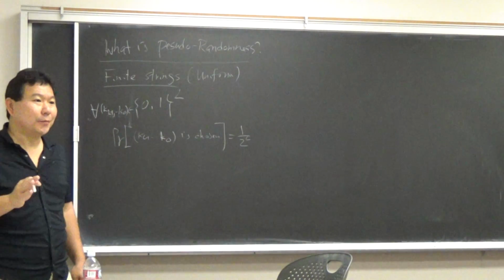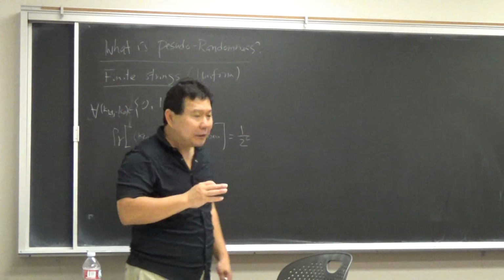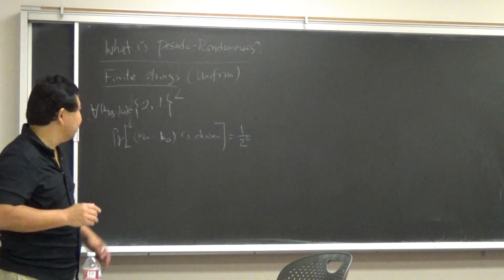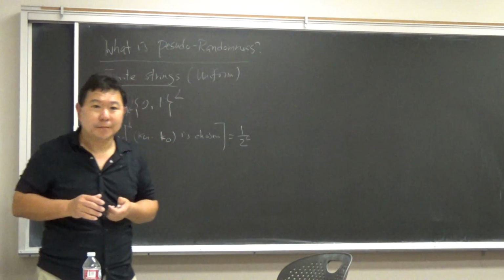This is called uniform. A uniform L-bit string is precisely defined such that every sequence of L bits shows up with equal probability.